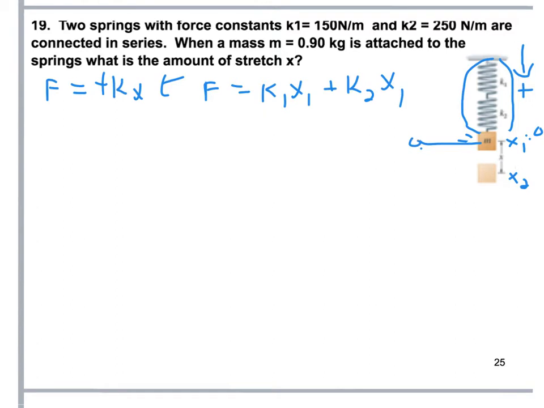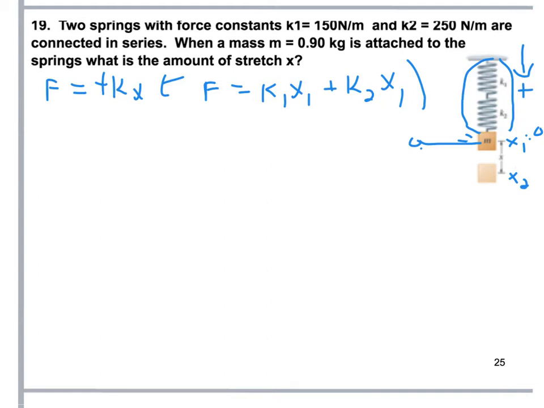So our origin will be right at x1, and then we get down to x2 once we stretched it out. But we still don't really want to change anything in this equation here, because we're looking for the total stretch.